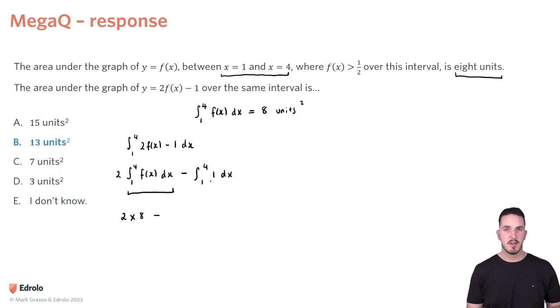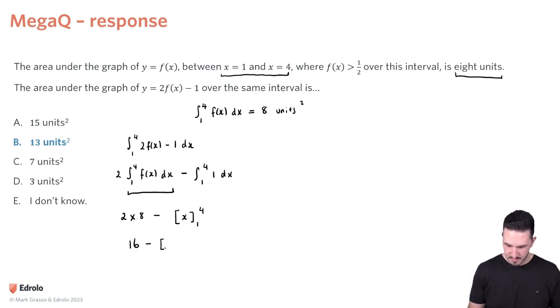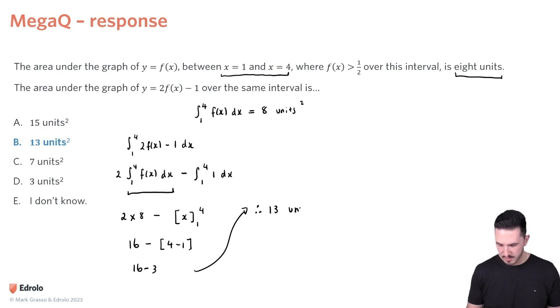Then minus, we can integrate 1. That's just going to give us x. So it's minus x between 1 and 4. So it's 16 minus 4 minus 1. So it's going to become 16 minus 3, which is equal to 13 units squared.